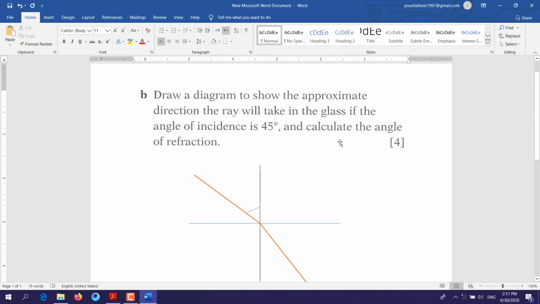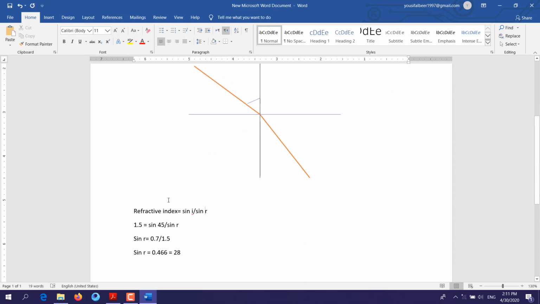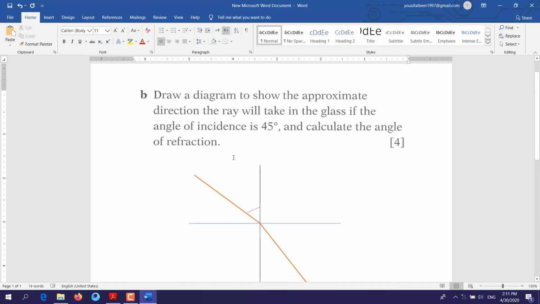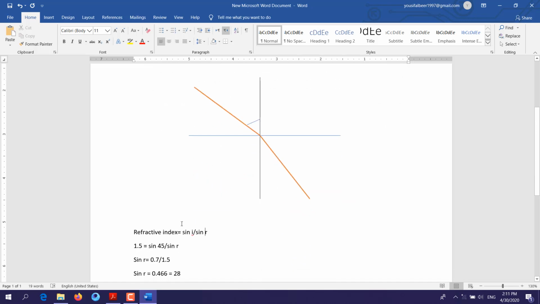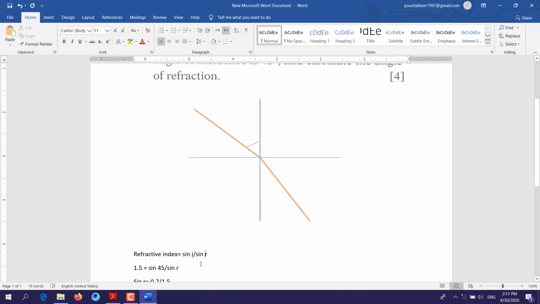To find the angle of refraction, we will use this equation. It says refractive index equals sine of incidence over sine of refraction. Now, the refractive index is already given in the question, it's 1.5, equal to sine of incidence, which is this one, 45 degrees, over sine of refraction, which we want to find.